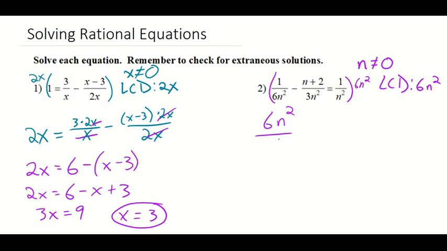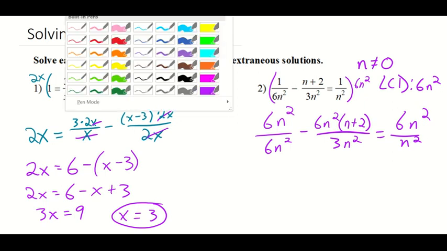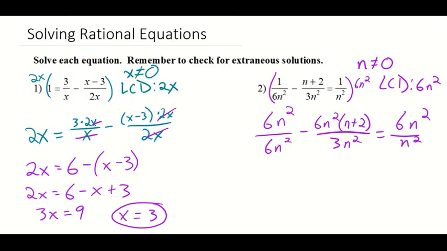So we have 6n squared divided by 6n squared minus 6n squared multiplied by n plus 2 divided by 3n squared is equal to 6n squared divided by n squared. So we go through, we're going to factor some of these out. So this term, be careful, it's going to factor to 1.